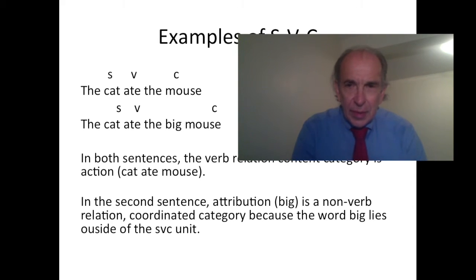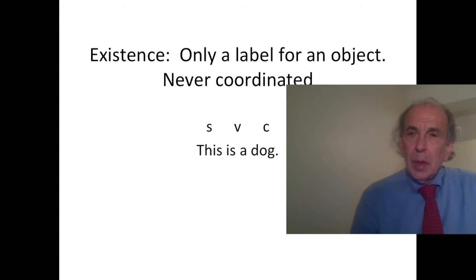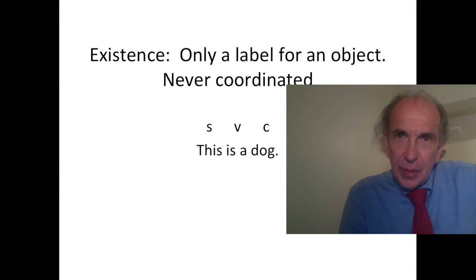Okay. Now, we are going to look first at those content categories that typically are verb relation content categories. Now, existence is never a non-verb relation content category. It is always a verb relation content category.